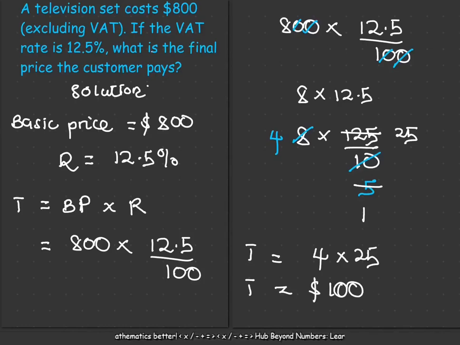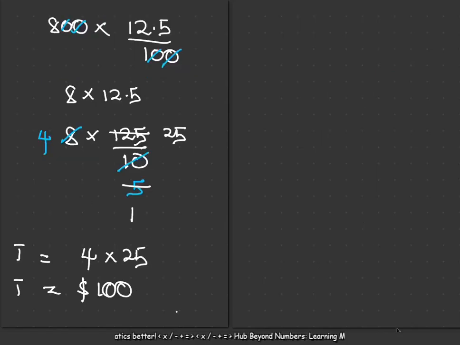But was that what we were asked to solve for? No, it says, what is the final price the consumer or the customer pays? And we know from our previous lesson where I explained all the concepts that the final price is equal to your base price plus your tax amount.